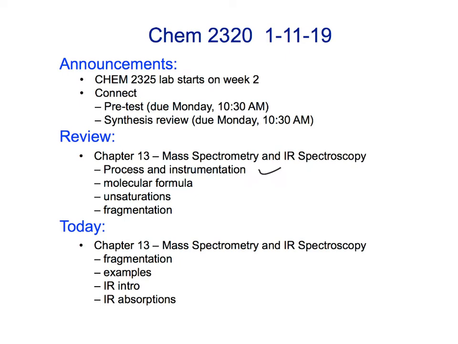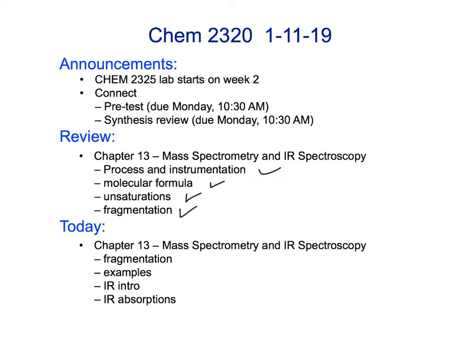We can sometimes get information about the molecular formula, and we've gone through a process in which we can do that. From the formula, we can calculate the number of unsaturations. Remember, unsaturations can be the result of either pi bonds or rings. And once we get that information, we can sometimes get additional information from the fragmentation.